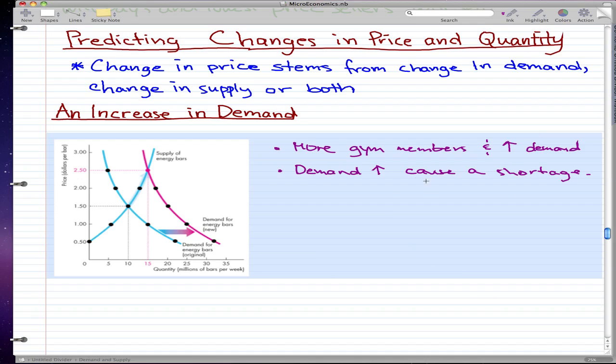So let's just note that down. When demand increases, it means that both price and quantity must increase.